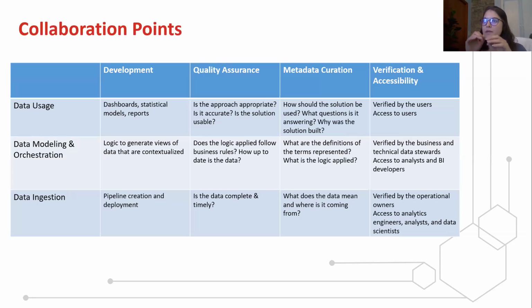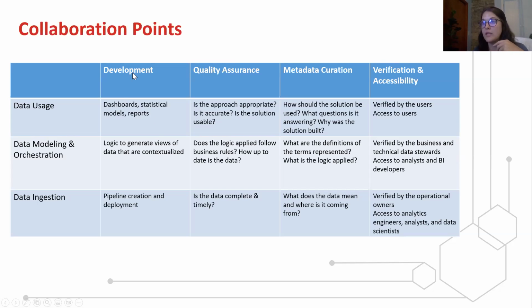I did want to dive deep into some different activities around these collaboration points as well. So on the left-hand side, I grabbed data usage, data modeling and orchestration, and data integration. I also broke it down into these different phases: development, quality assurance, metadata curation, and verification and accessibility.